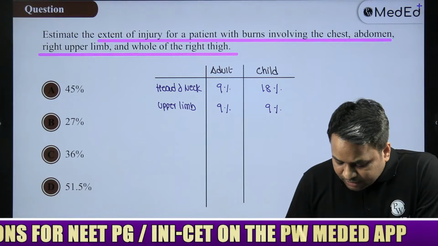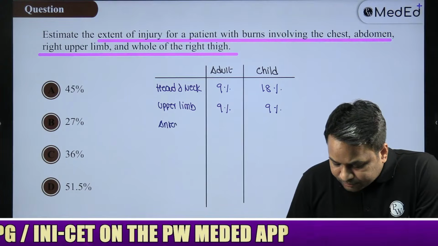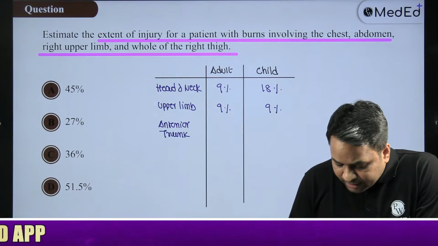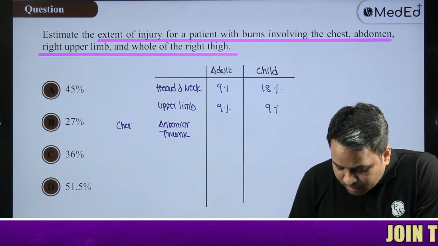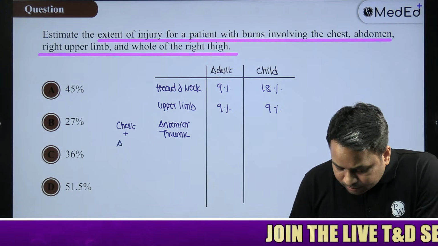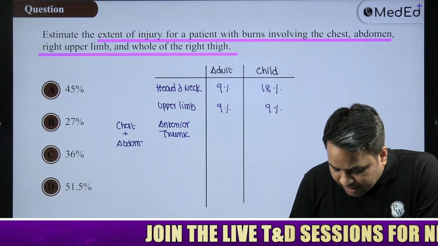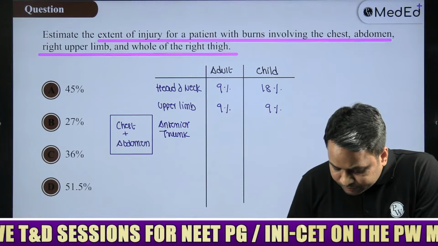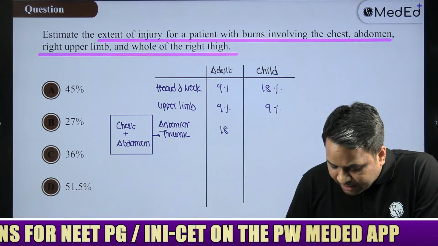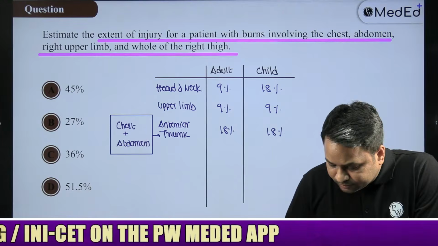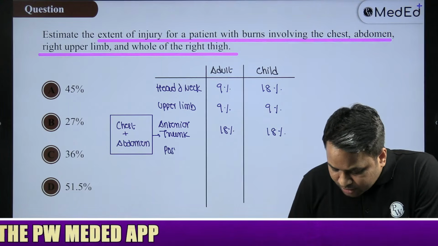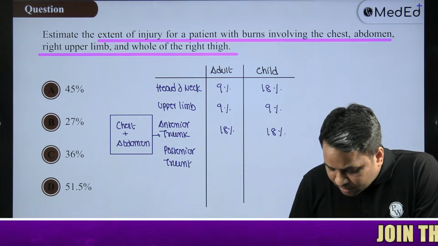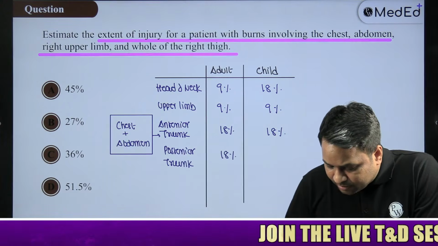Then you have the anterior trunk. Whenever you say the word trunk, it is chest plus abdomen. If it is posterior, then it is only going to be back. So trunk here is going to be 18% each. Then you have the posterior trunk. The posterior trunk is also 18% each.